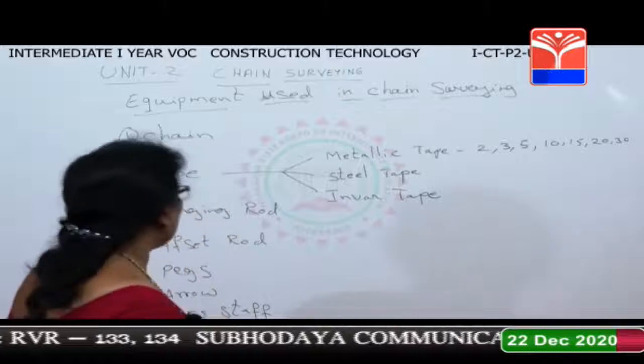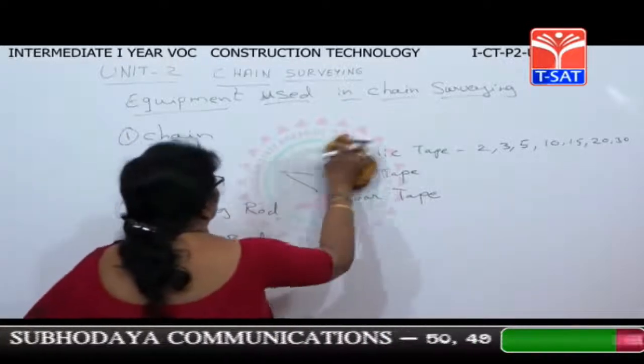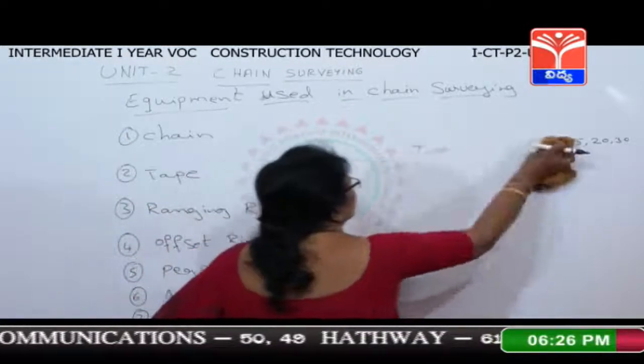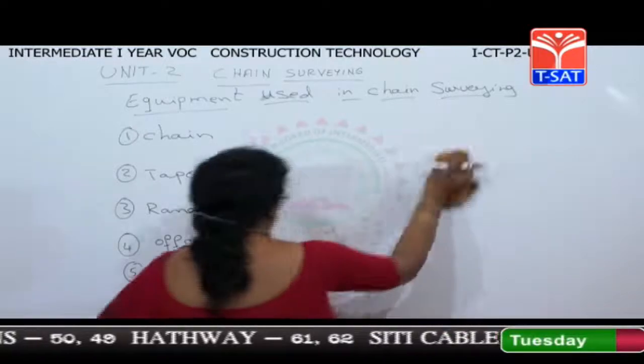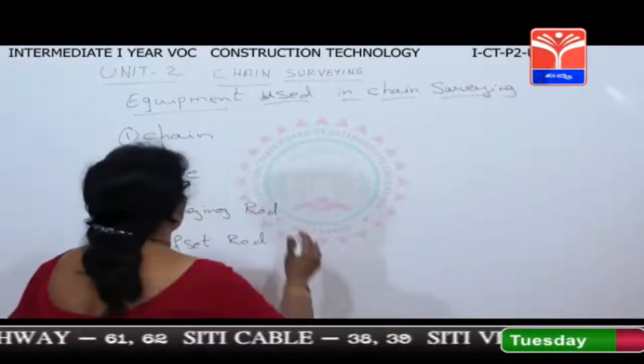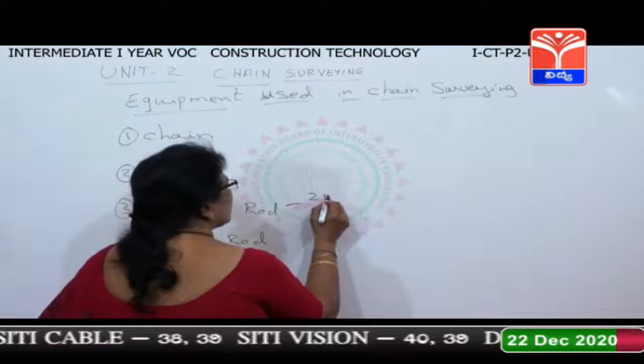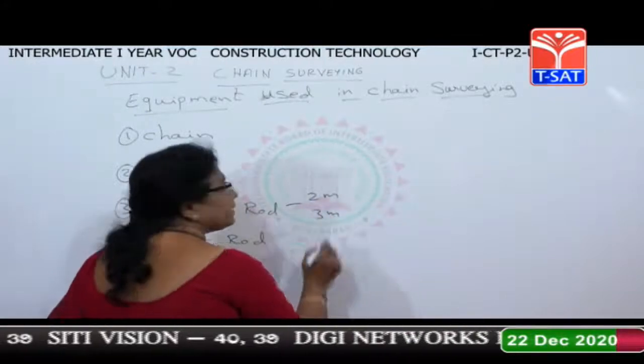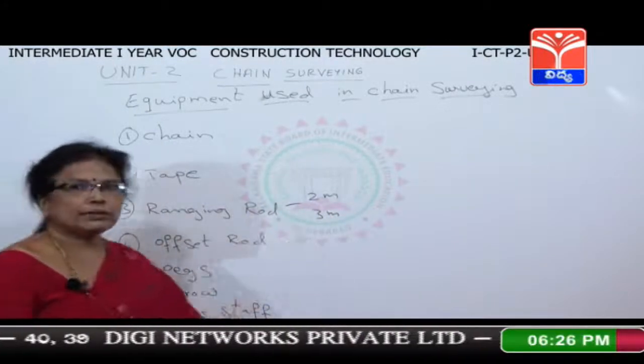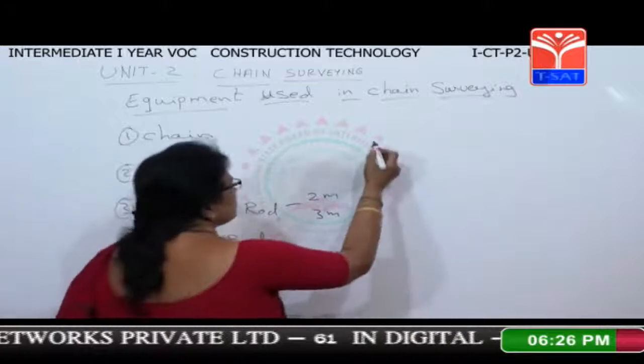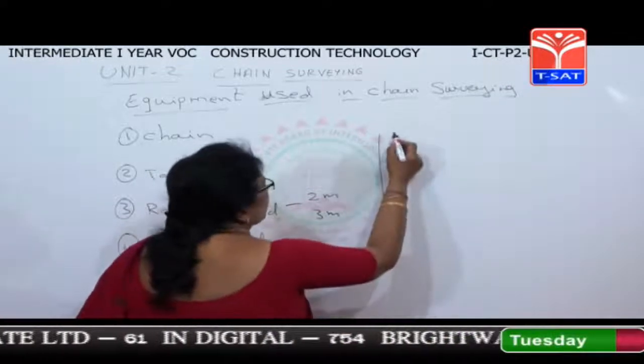Now next, coming to the ranging rod. It is available in 2 meters and 3 meters height. It's nothing but a metal pole. Ranging rod is a metal pole.